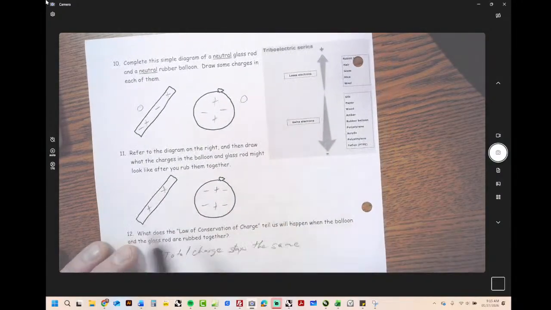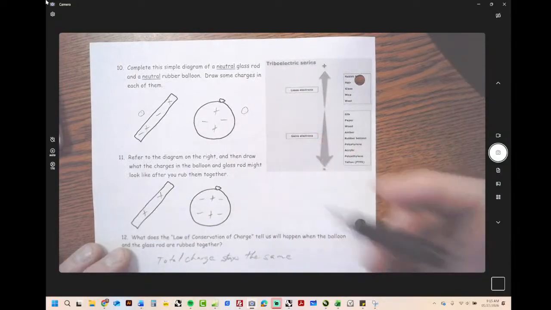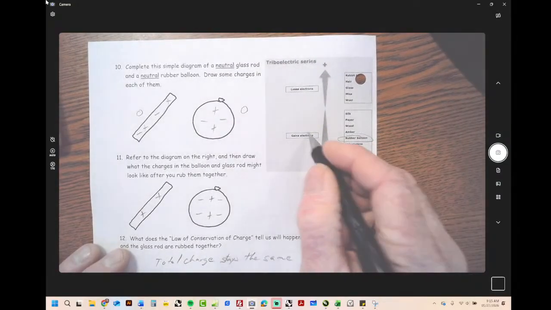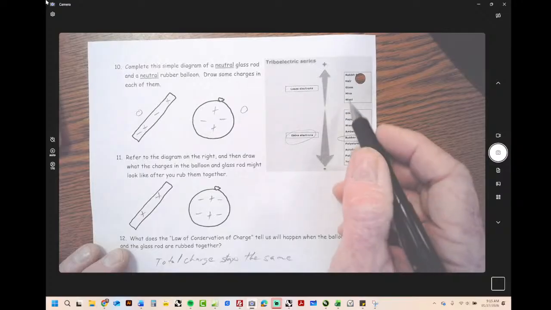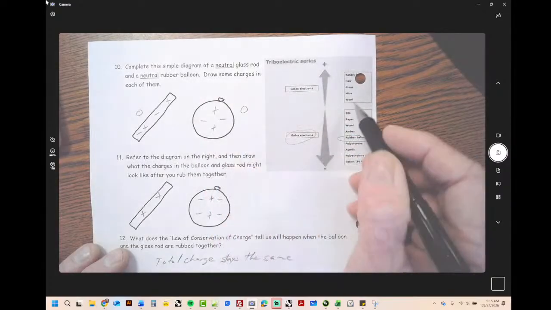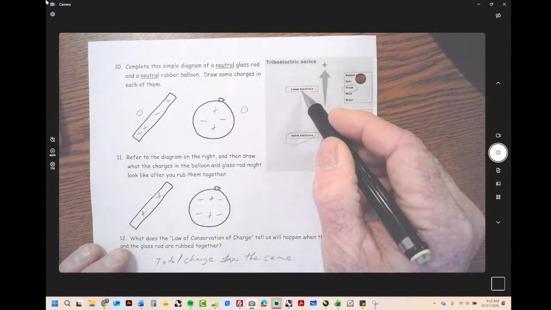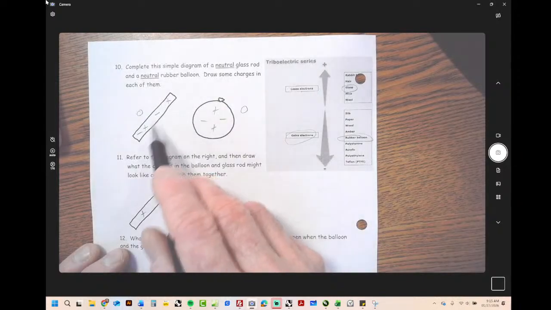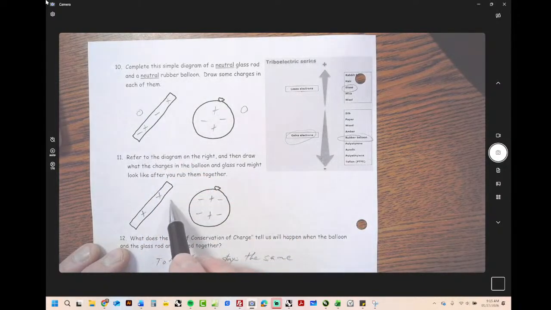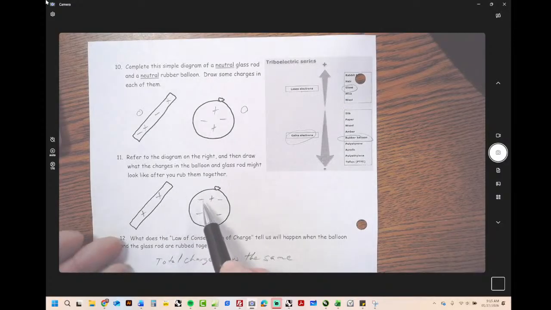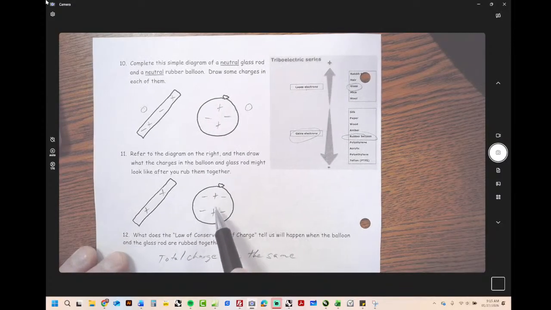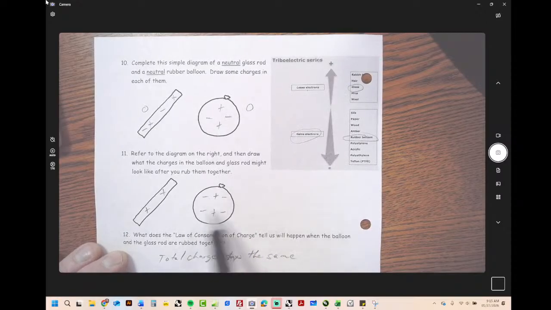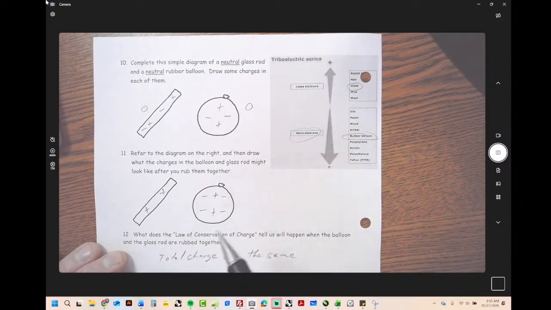If I rub them together, this table tells me that the balloon gains electrons, and it tells me that the glass loses electrons. So the glass had 2 electrons. I just move them over to the balloon. You could move one. I could have moved 1 over also, and that would have demonstrated what happens. But the balloon gets more electrons, and the glass gets fewer.